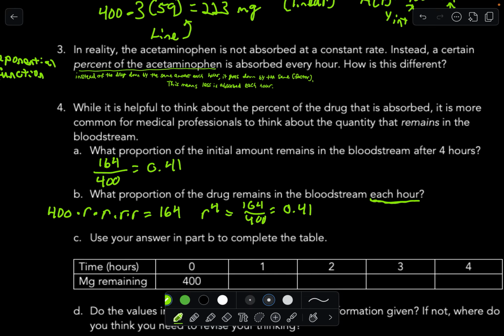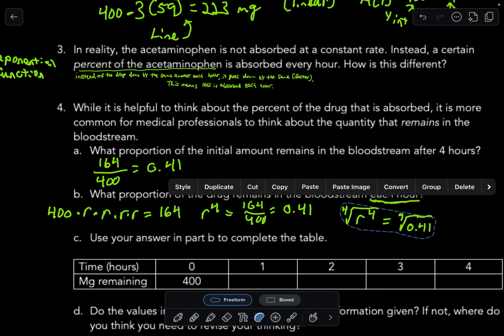To solve that, we would have to take the fourth root, because remember, the inverse of raising a number to the fourth power is taking the root. So it'll be the fourth root of both sides. Okay? So that's the fourth root of 0.41.